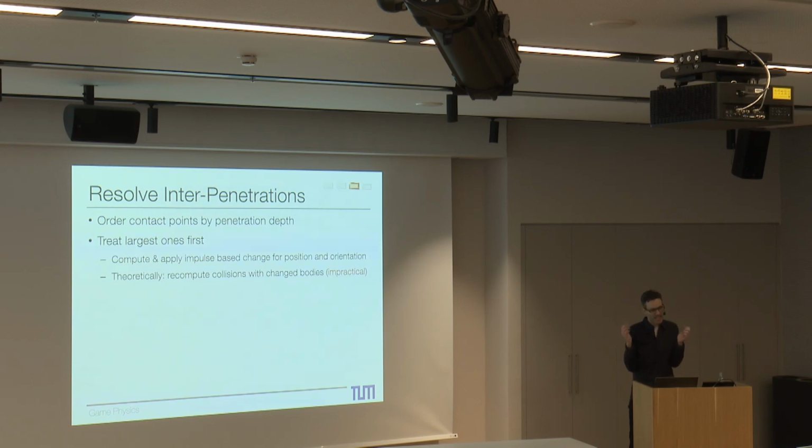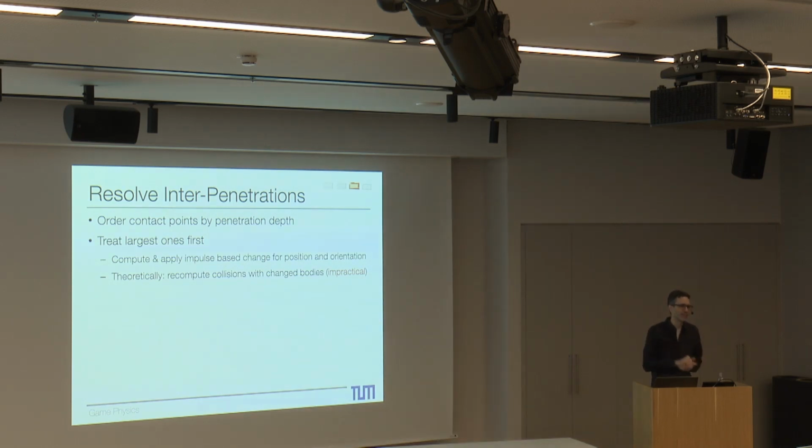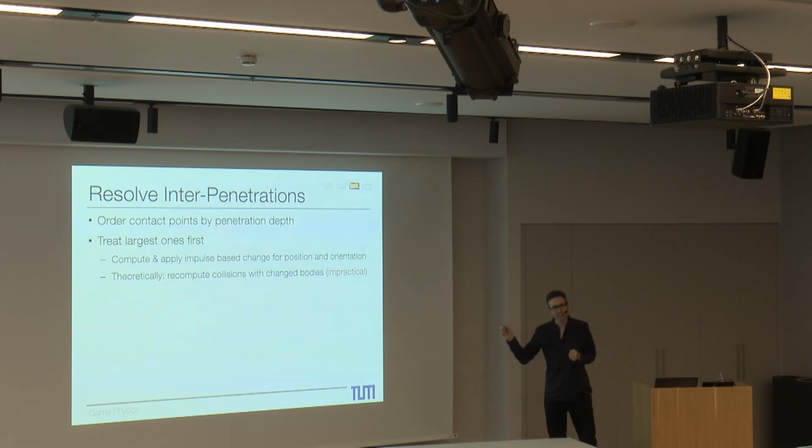So unfortunately, theoretically, if we would make any one update to one body, we'd need to recompute our data structures for collisions, because just by changing, say, the center of mass or our orientation slightly, we typically don't know what might have happened. We should actually run it through our data structure to see which other objects it collided with, and potentially we would also need to update our data structure to take into account the new position of our body. But because the geometries typically are complicated for these simulations, that's usually impractical.